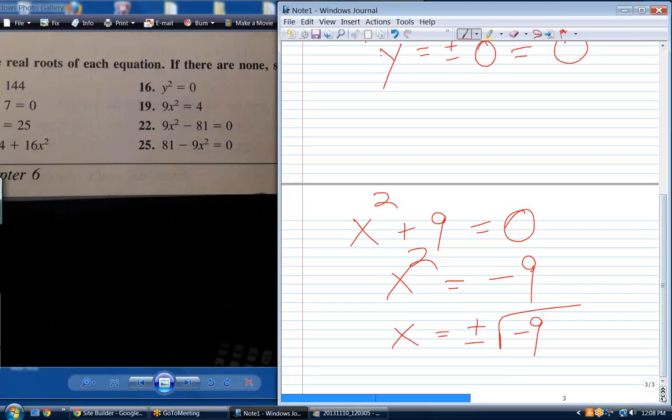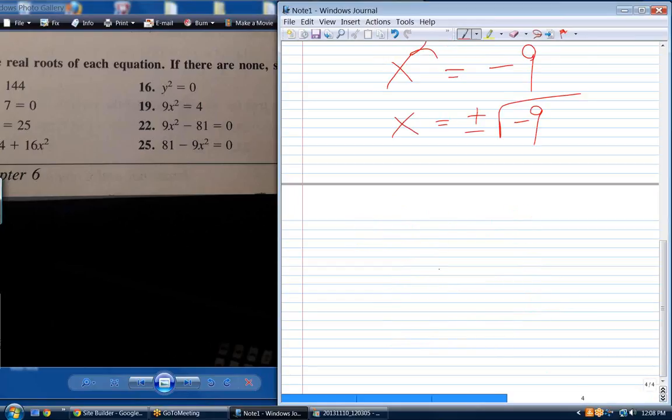Now let's simplify that. What is the square root of minus 9 equal to? Factor it. By factoring it, I mean it's the square root of minus 1 times the square root of 9. You see that? Yeah. Okay, now what's the square root of 9? 3. And what's the square root of -1?